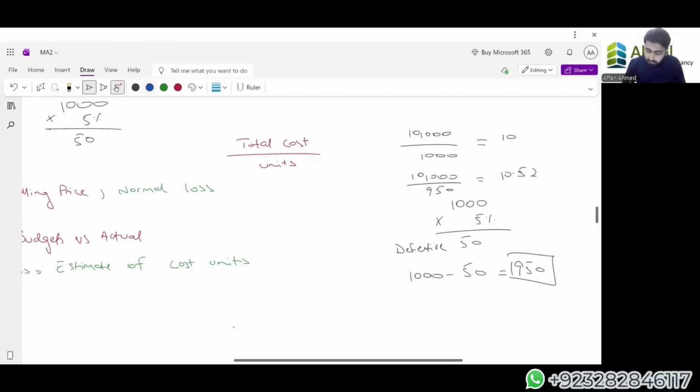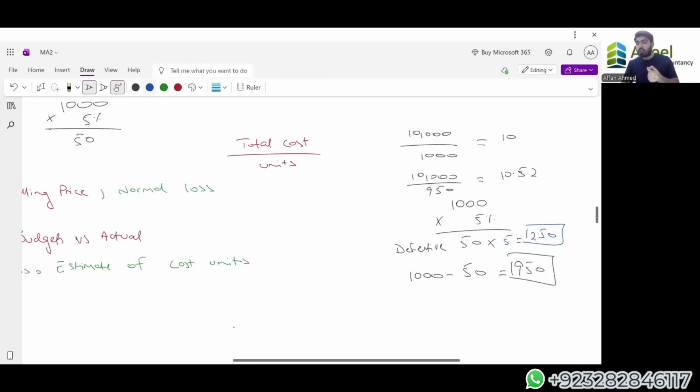Let's say these 50 units were our loss and the scrap value is 5 per unit. That makes it 250. Out of the loss that we are having, we can recover 250 rupees.